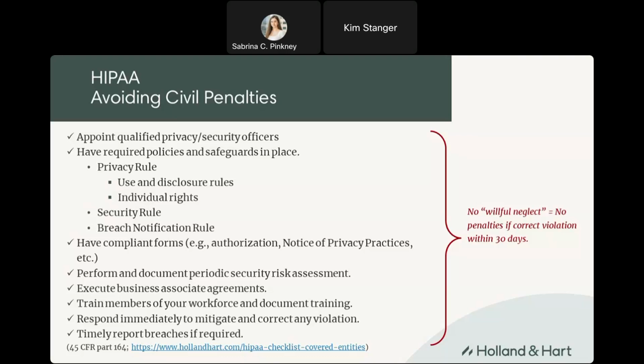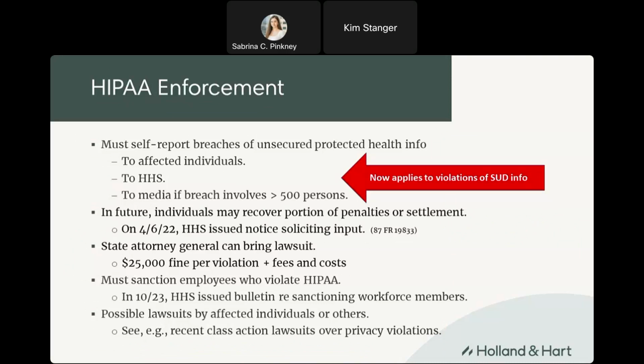So the bottom line, if you do these things, then there's a good chance you can avoid willful neglect and you can avoid penalties so long as you correct the situation in 30 days. But of course, that's just talking about the HIPAA penalties that can be imposed by the OCR. There are other costs that could come down upon your head, even if the OCR does not impose penalties.